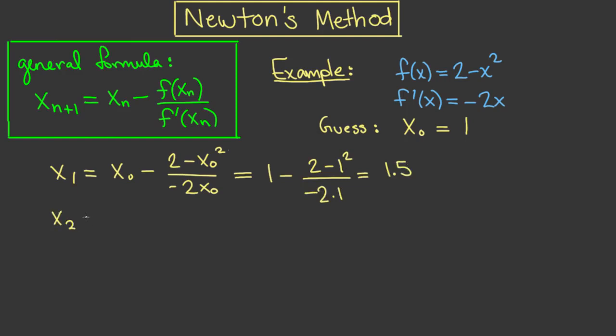Then x2 is equal to x sub 1 minus 2 minus x sub 1 squared divided by negative 2x sub 1.